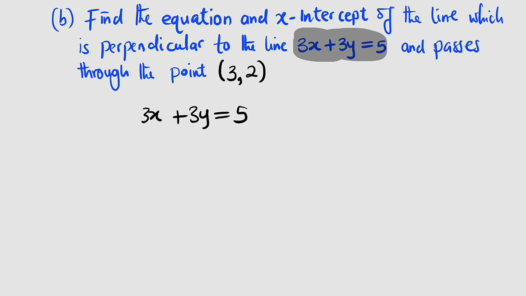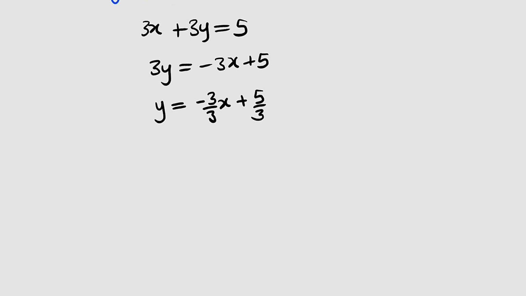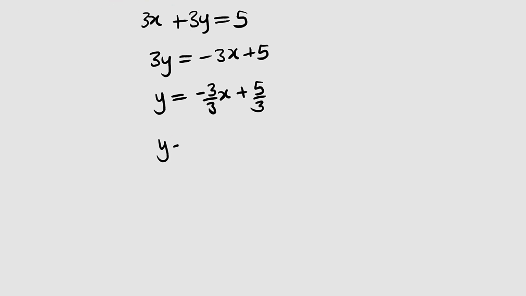We are going to take everything to the right hand side except y. Therefore 3y equal to negative 3x, if it crosses over, plus 5. Divide both sides by 3. y is equal to negative 3 divided by 3 x plus 5 divided by 3. And therefore y is equal to negative x plus 5 divided by 3.